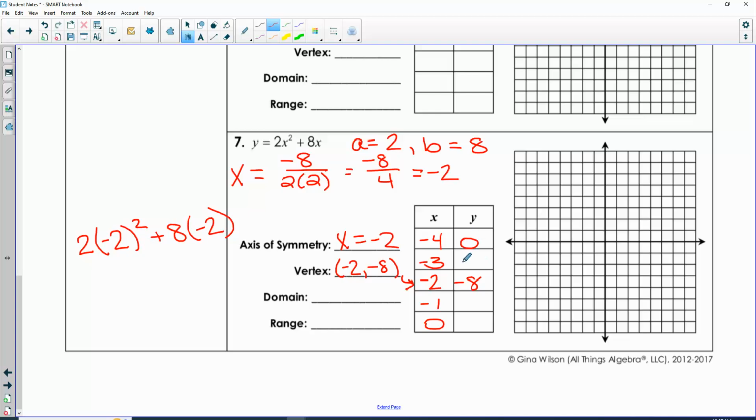What's -3 give us? Okay, what's -1 give us? And what's 0 give us? 0. Okay, so we have -4, 0; -3, -6; -2, -8; -1, -6; 0, 0.